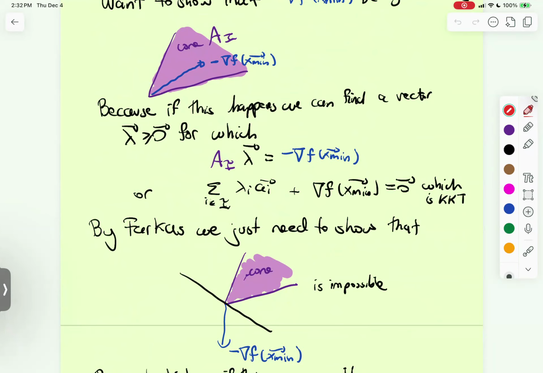If I know that's impossible, then that forces the other alternative to hold. And what is a nice way to prove that something is impossible? By contradiction: you assume that it actually happens. So by contradiction, let's pretend that we're in the scenario where minus the gradient can be separated from the cone, okay?